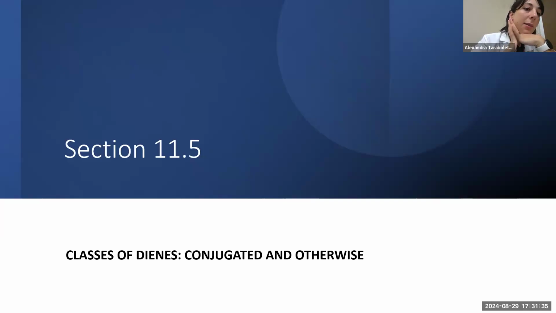We have been talking about a set of scenarios and reactions in which there is something called conjugation. Remember, we were talking about these allylic systems and how they can be formed during certain reactions.